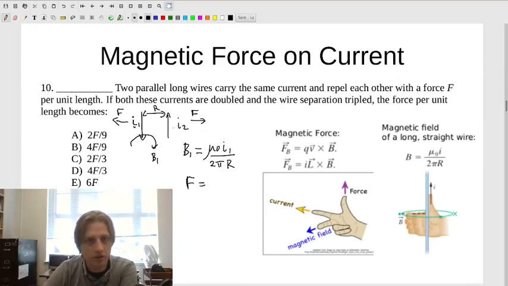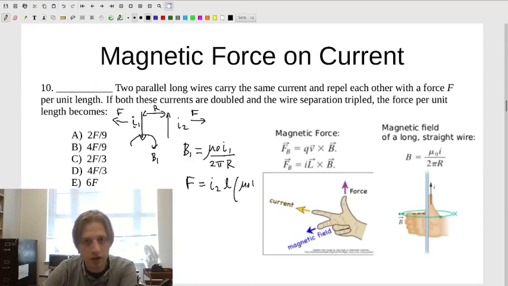I'm going to be a little sloppy with the directions because these are all perpendicular, so we get to treat these as just multiplying. So then my force would be current, and the current that we would worry about there is the I2, that's the wire that's being acted on, times the length times the magnetic field that's acting on it, which is from the first wire.